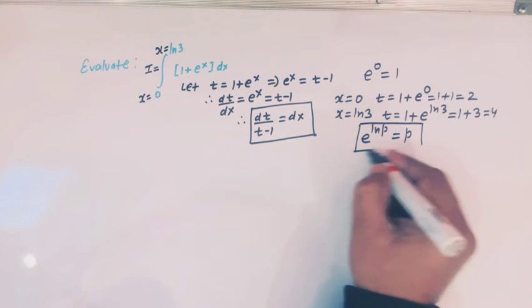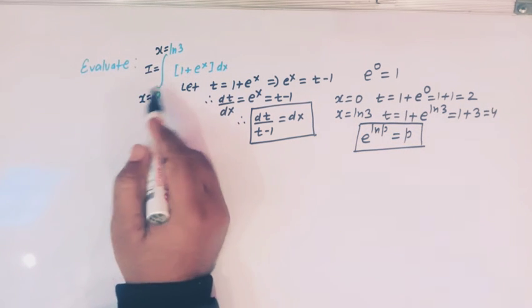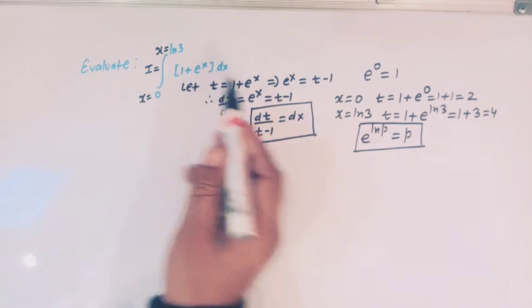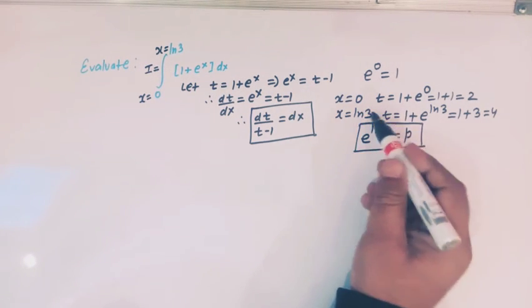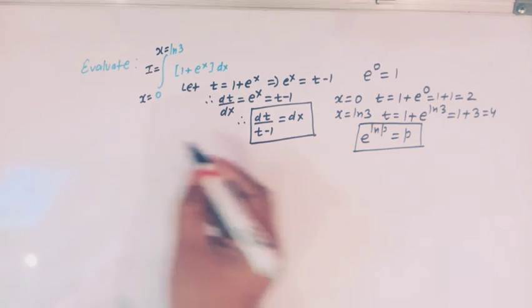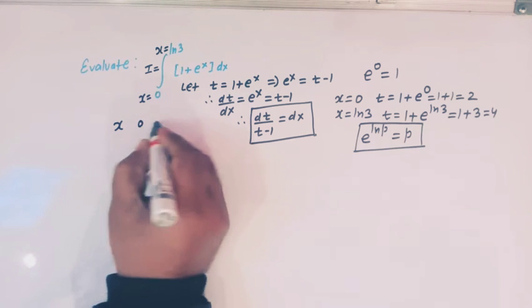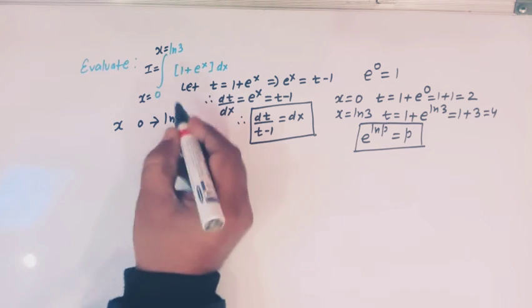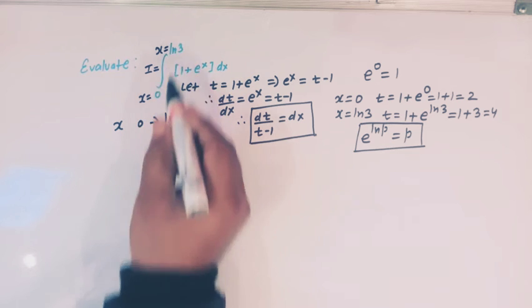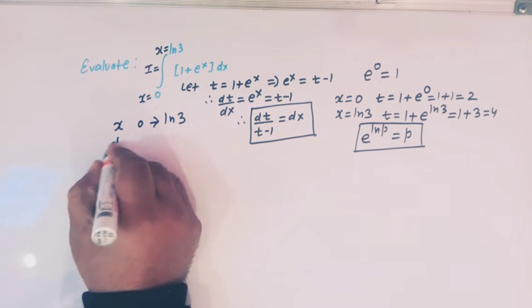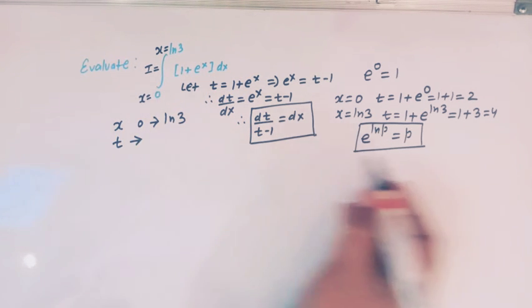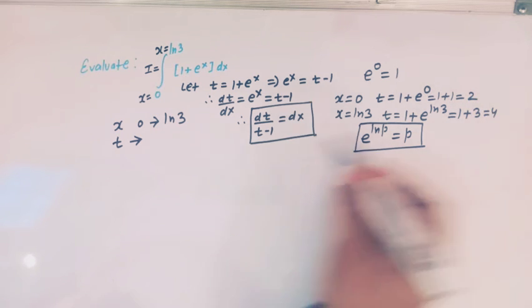Now we have changed the variable x to t, and we have also changed the limits. When x varies from 0 to log of 3, then t varies from 2 to 4.